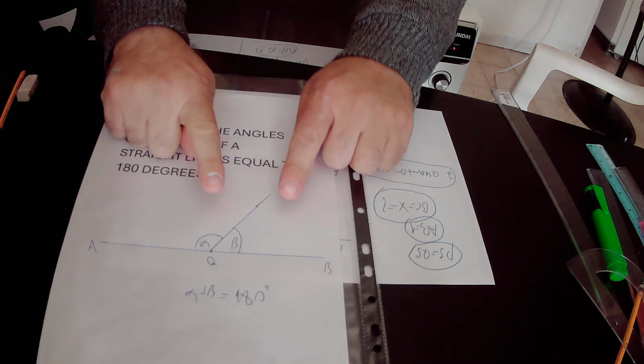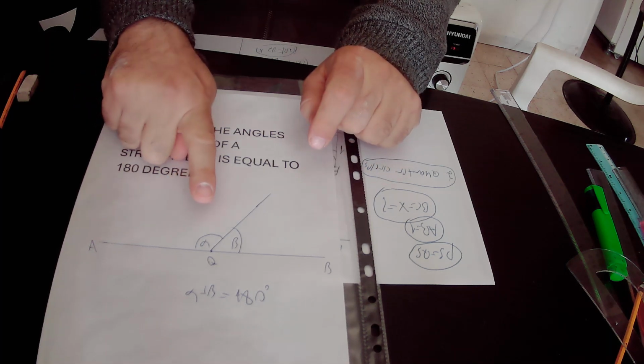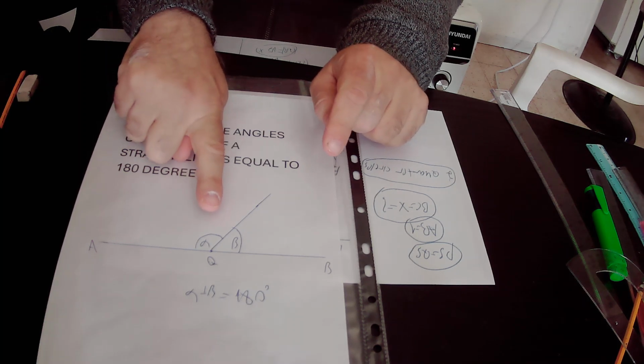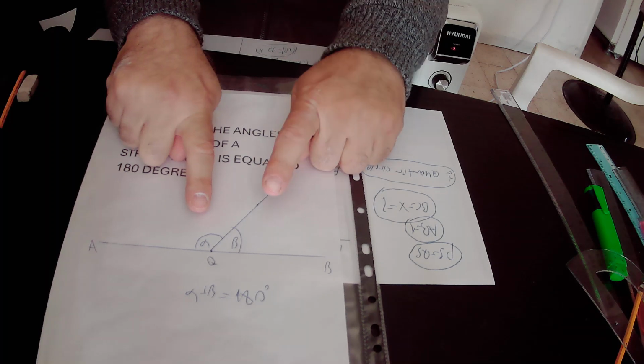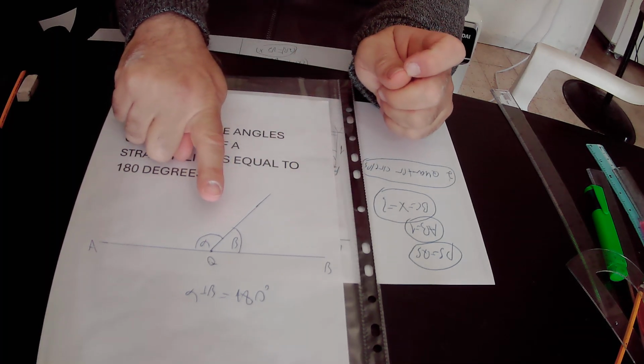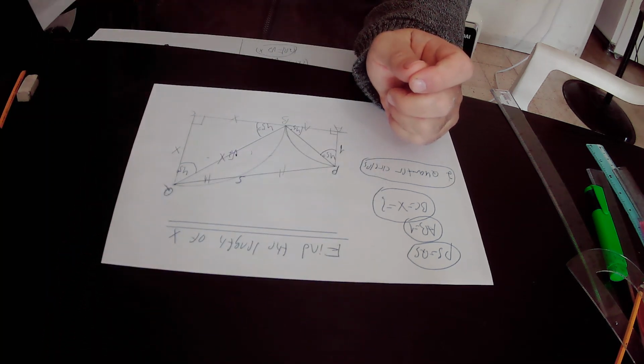So we have in the drawing the straight line AB. If you focus on the upper side of the straight line AB at point Q, here the sum of the angles must be equal to 180 degrees. So which angles do we have at the upper side of AB at point Q? We have this angle alpha and angle beta. So in total, alpha plus beta must be equal to 180 degrees. We can implement rule number 3 in our drawing.